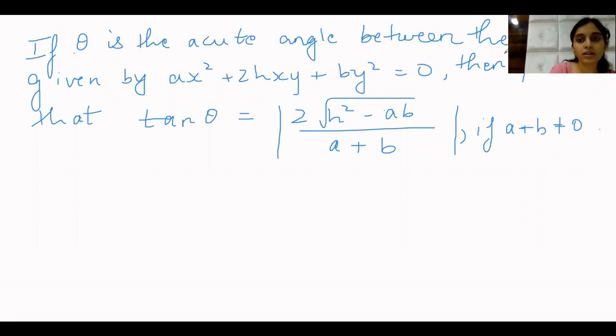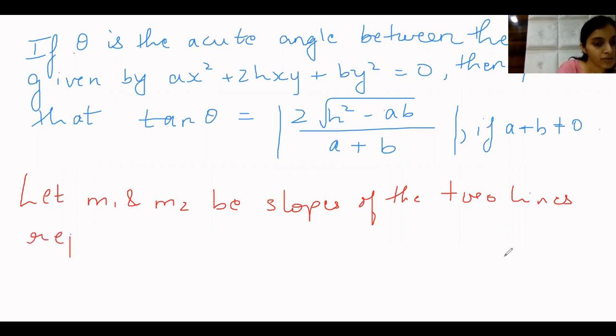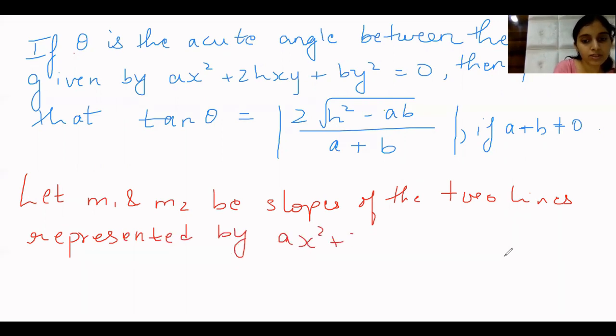So we'll say that let m1 and m2 be slopes of the two lines represented by ax square plus 2hxy plus by square equal to 0.